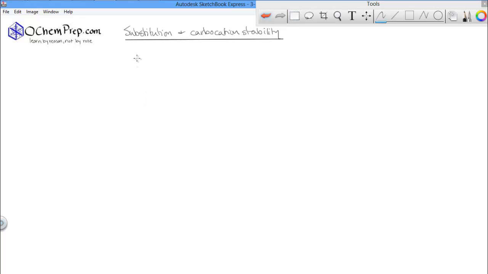The last thing we need to cover is carbocation stability. So if we look at a carbocation, I'm just going to draw this methyl carbocation. We have three H's attached to the carbon, so the carbon has a plus charge.